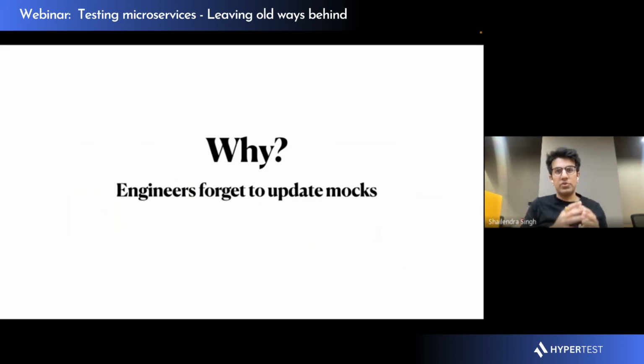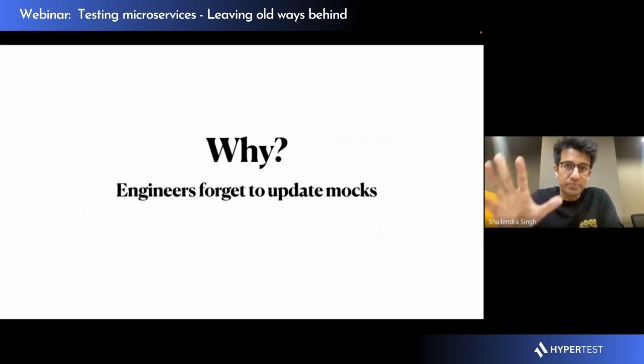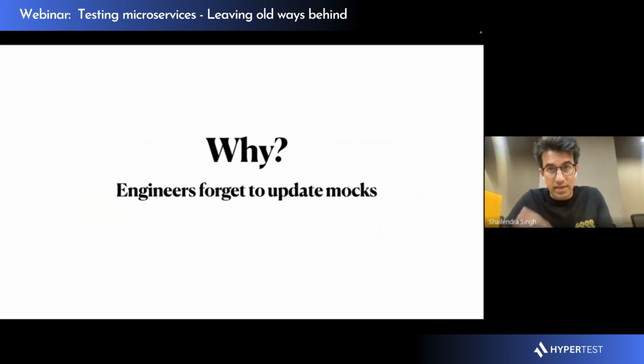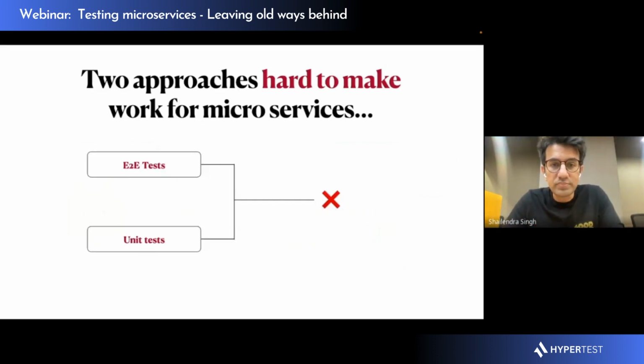But because you are writing these own tests and the mocks that come with it, that fabricate the response of the downstreams, they have to be updated from time to time. So in this case, for Atlassian, they were writing unit tests, but forgot to update the mocks. And because of these outdated mocks, their tests ran, they passed, should have failed, and hence were not able to catch this issue.